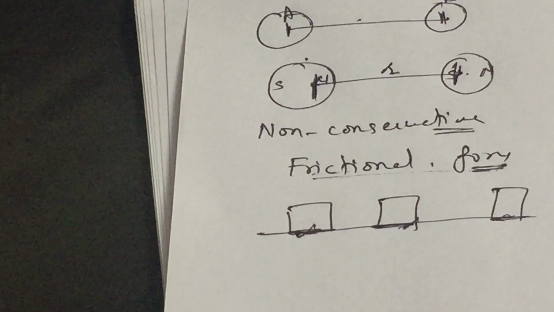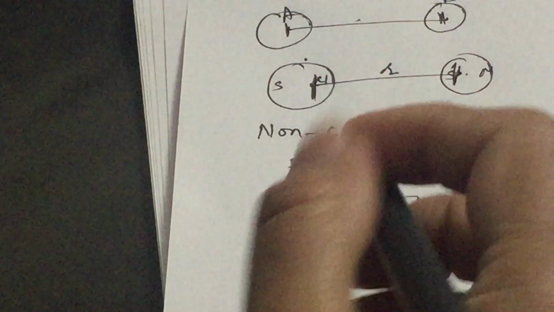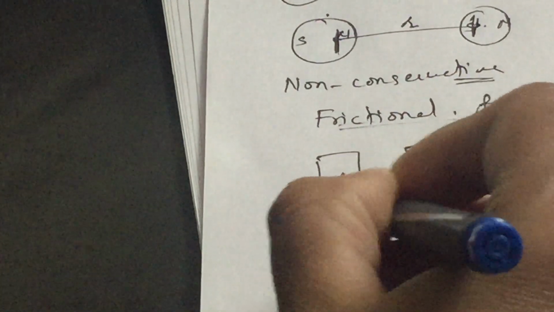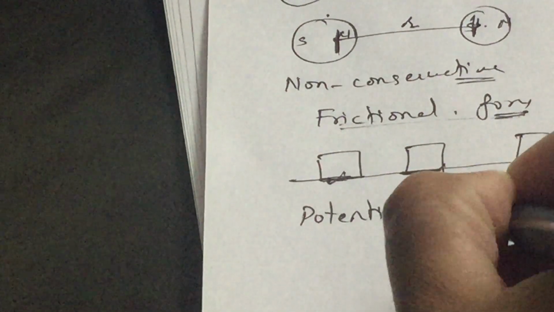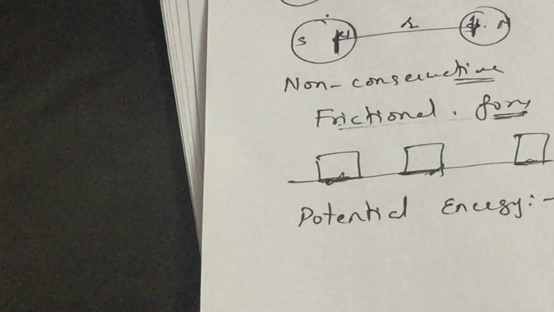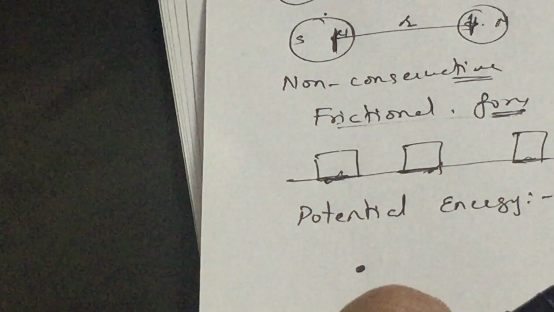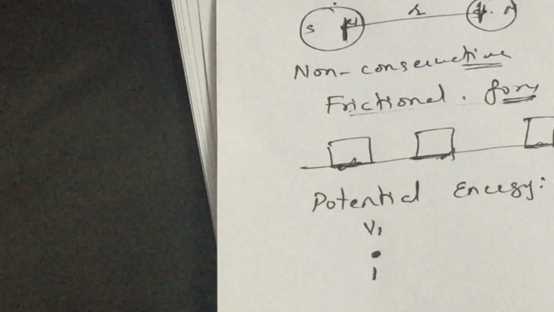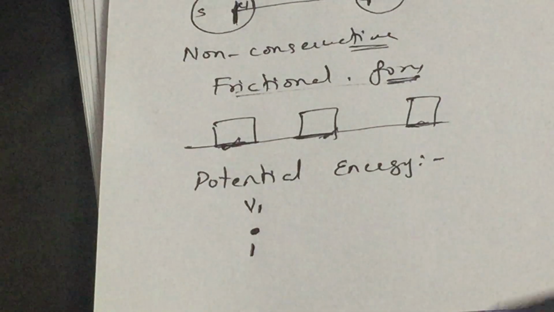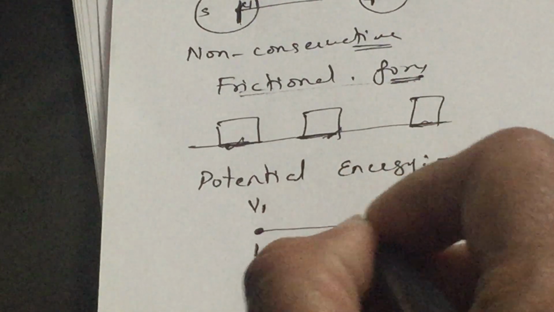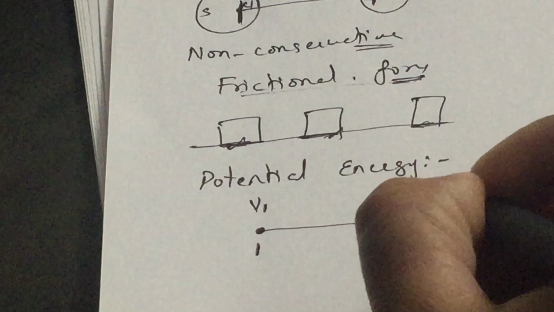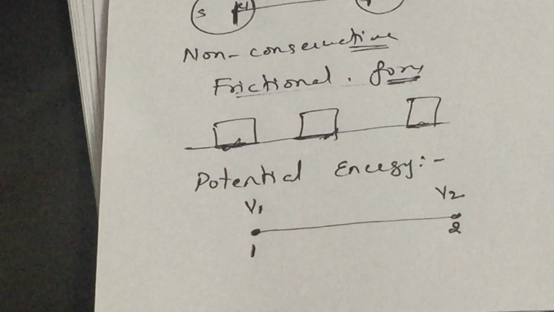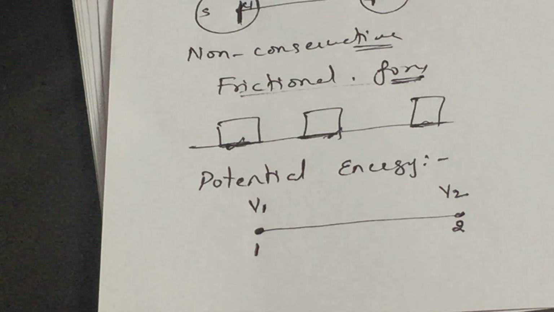Now we will discuss potential energy. Potential energy is the energy due to the position of the body. Let us consider a body at point 1 whose potential energy is V1. If we move this body from 1 to 2, its potential energy becomes V2 at position 2.